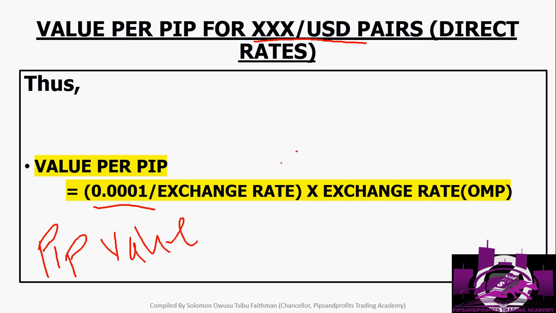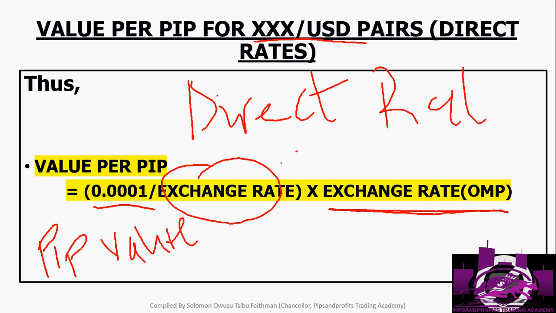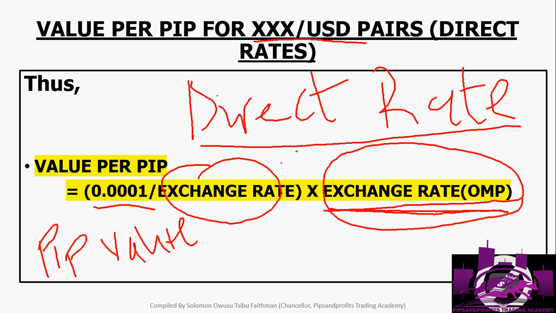Remember, that's our pip value, over the exchange rate. And you'll be given the exchange rate. And you multiply it again by the exchange rate. Why are we multiplying it again by the exchange rate? We are doing so because that particular pair has a direct rate. We multiplied again straightforward by this because it has a direct rate. So you can take a screenshot of that as well.